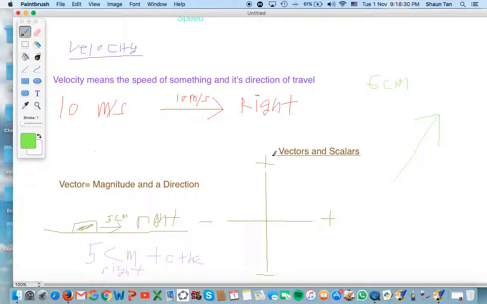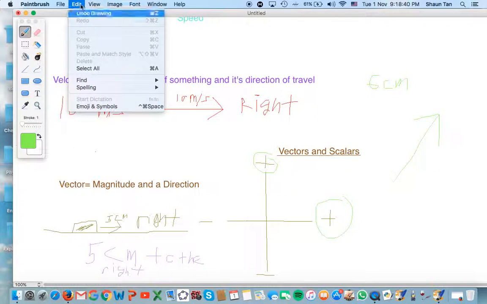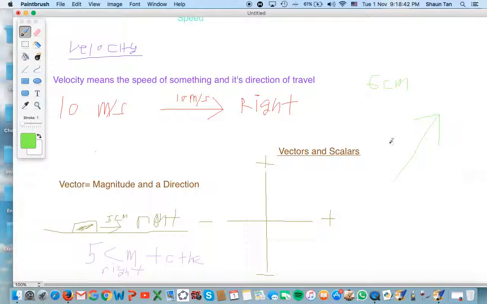This is going up, so up is a positive. And it's going to the right, so it's also a positive. So in this case, this arrow would be positive 6 centimeters. Up, you always write the first one first, to the right.